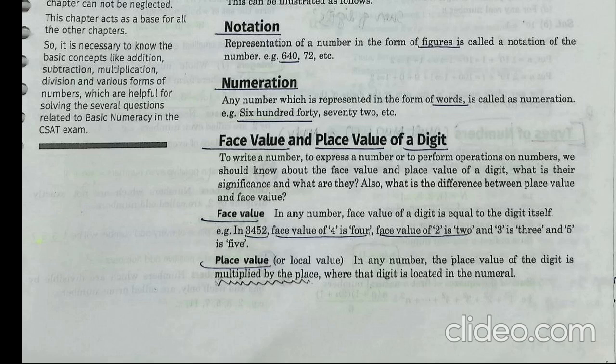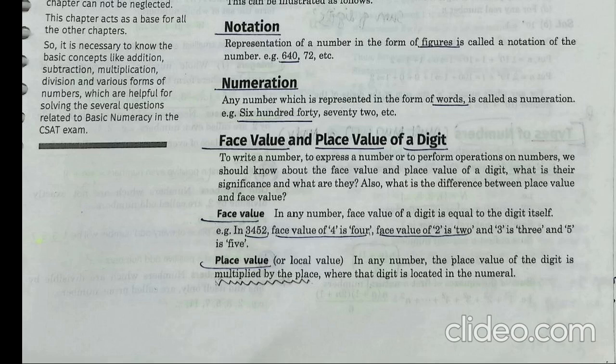Then there is the face value and place value of a digit. What we are going to discuss here is that value can be classified into two types, face and place, with respect to a digit, right? For example, take the number 3452.